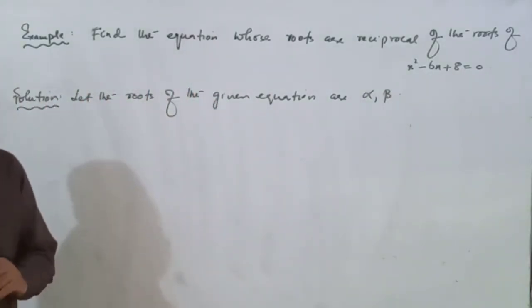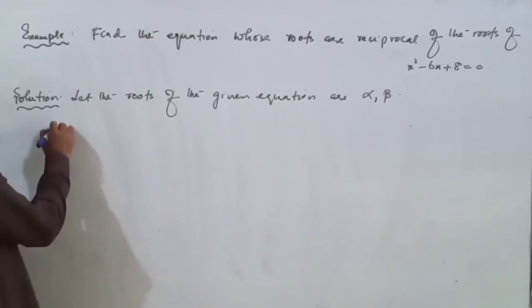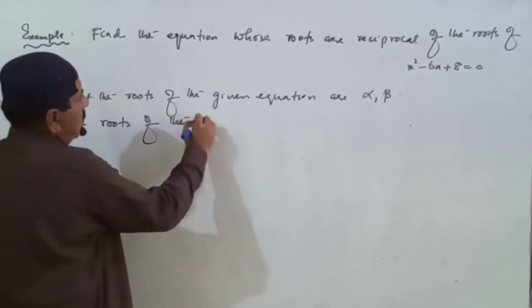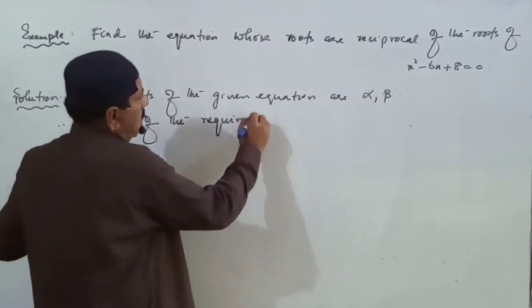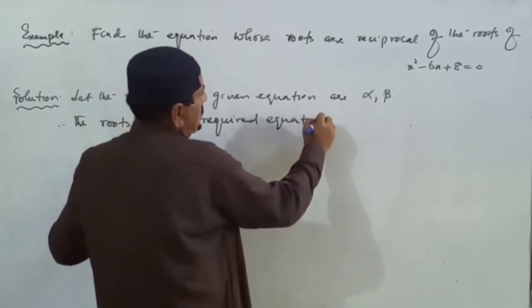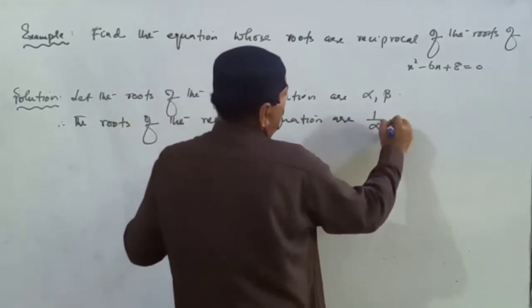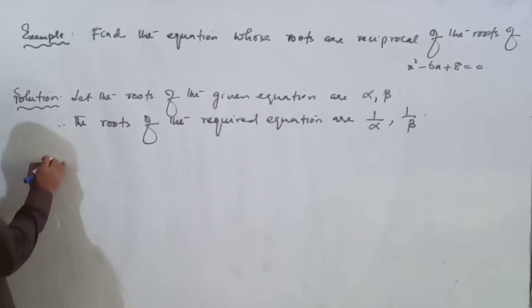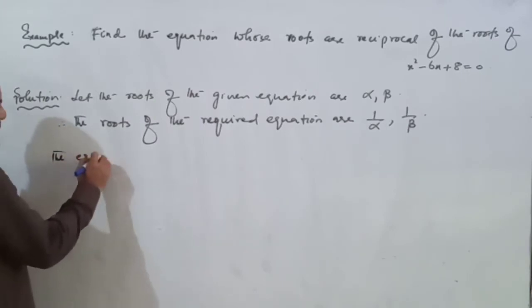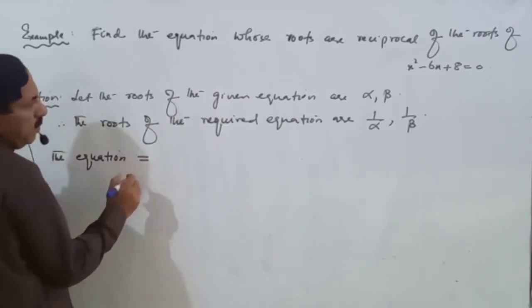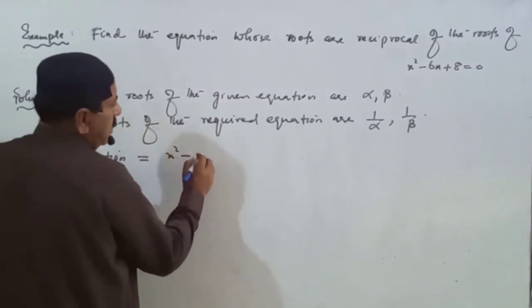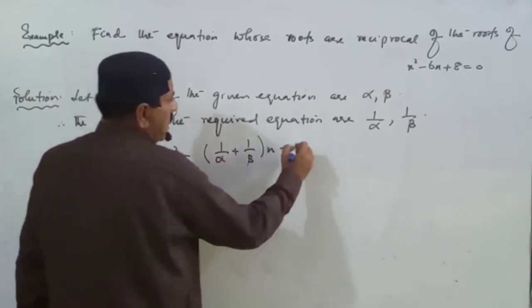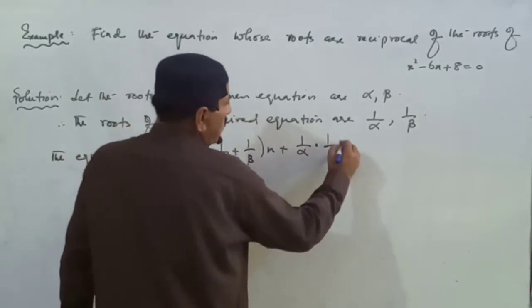Therefore, the roots of the required equation are reciprocal, 1 upon alpha comma 1 upon beta. Therefore, the required equation is x square minus sum of roots, 1 upon alpha plus 1 upon beta, x plus product of roots, 1 upon alpha into 1 upon beta, is equal to 0.